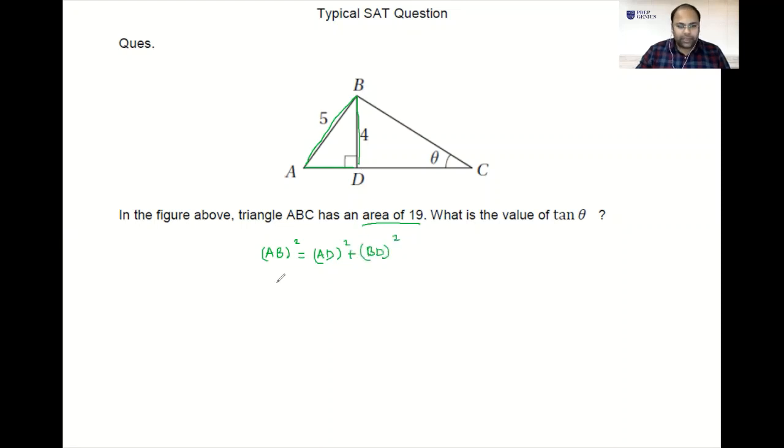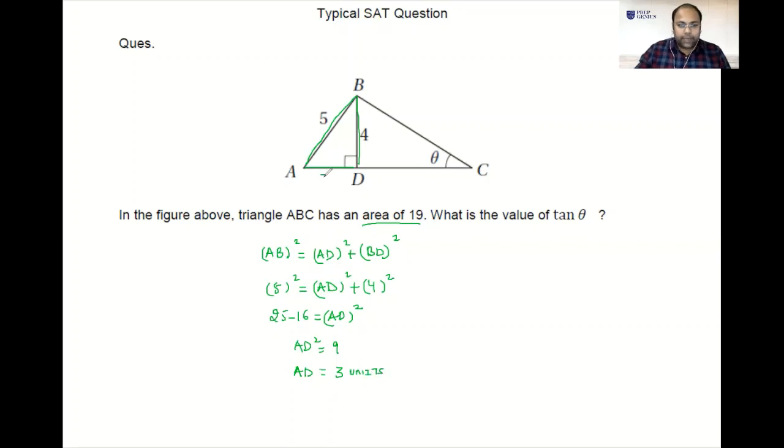So AB square is 5 square, equal to AD square plus 4 square. So 25 minus 16 is equal to AD square, or AD square is equal to 9, or AD is equal to 3.